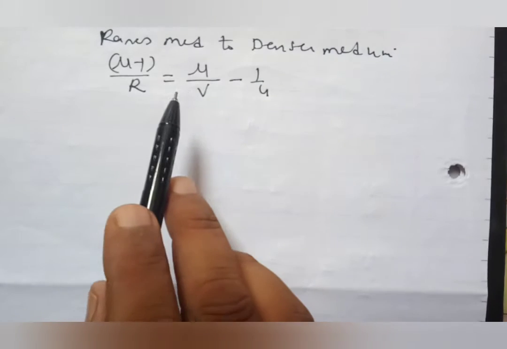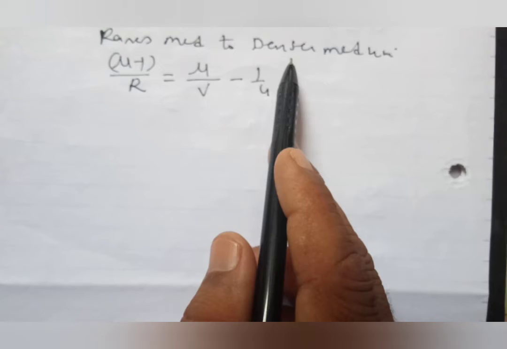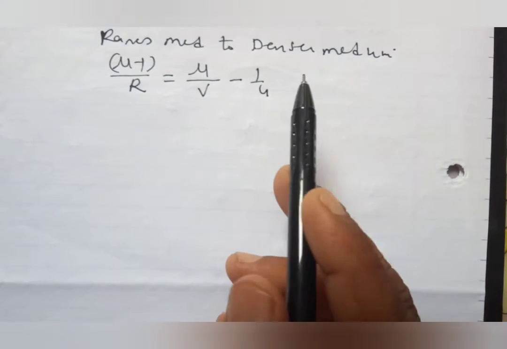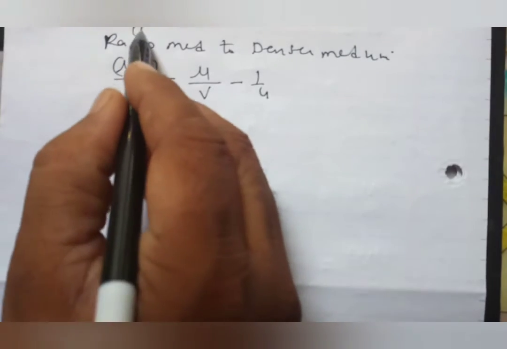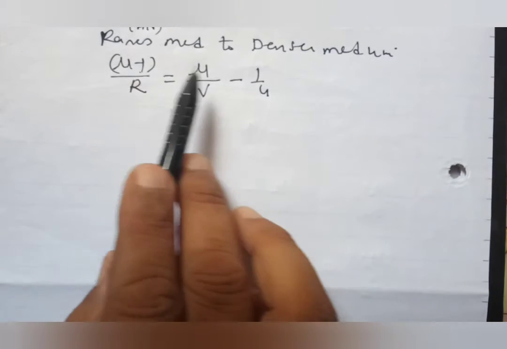It means the object is in the rarer medium and the image is in the denser medium. Suppose for the rarer medium we are taking air, so the refractive index of air is 1.